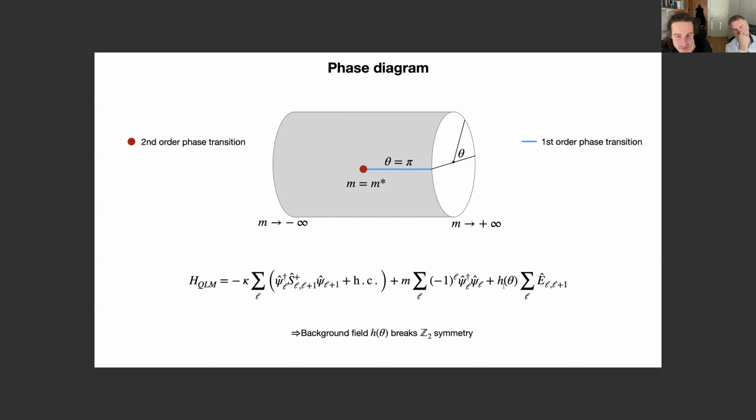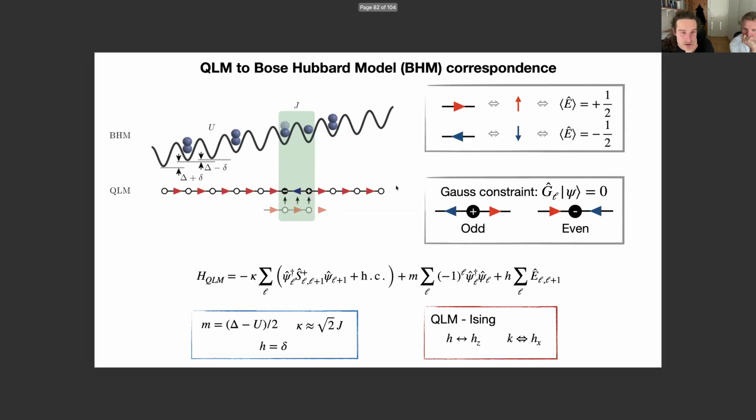But then this background field will break the degeneracy. At a certain value of the mass, you will have a second order phase transition. While if you tune away from this mass, but you are in this ordered phase, this longitudinal background field will drive you to a first order phase transition. So this connects to this idea of breaking the degeneracy between two vacua.